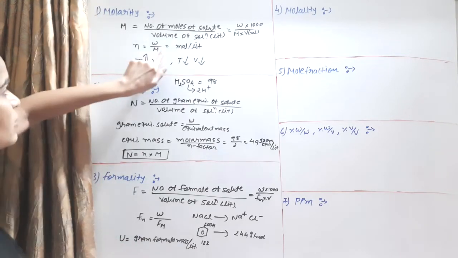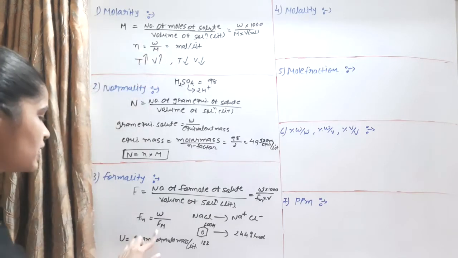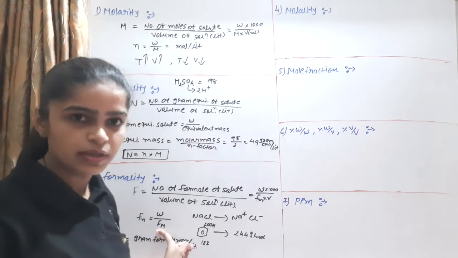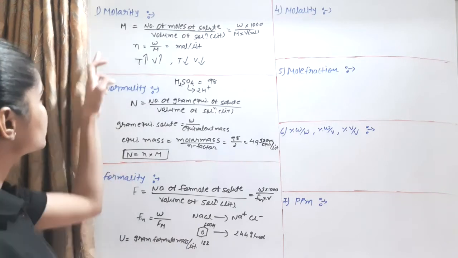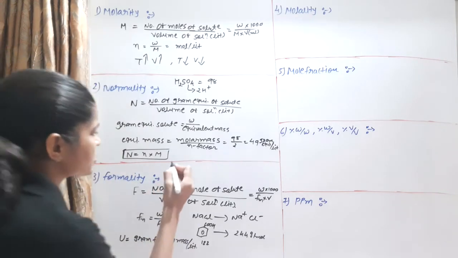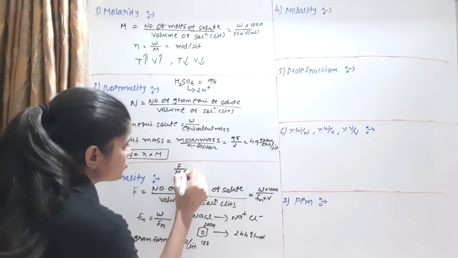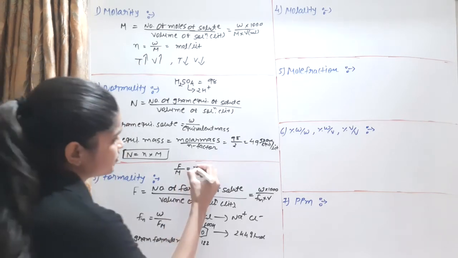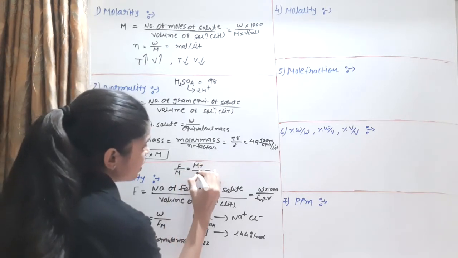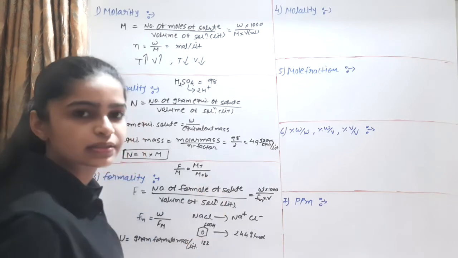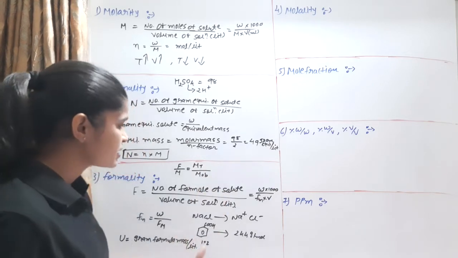That is the main difference between the formality and molarity. In the molarity, molecular mass is used, and in the formality, formula mass is used. The relationship between the formality and molarity is formality divided by molarity is equal to the theoretical molecular mass upon observed molecular mass. For example, consider benzoic acid.